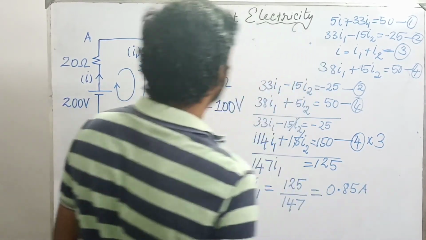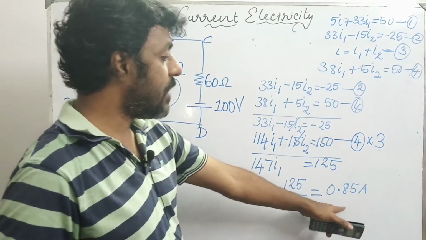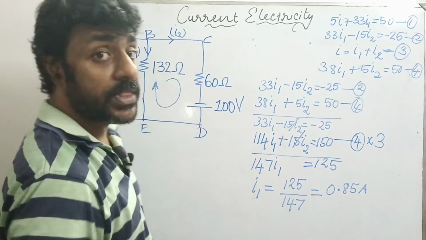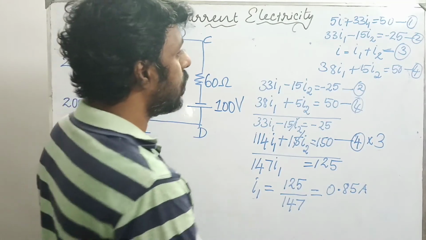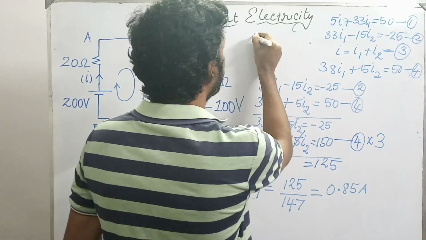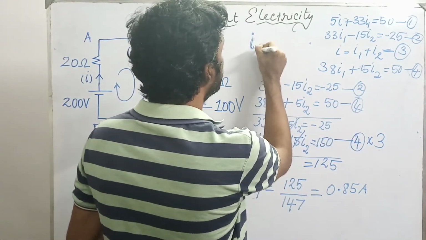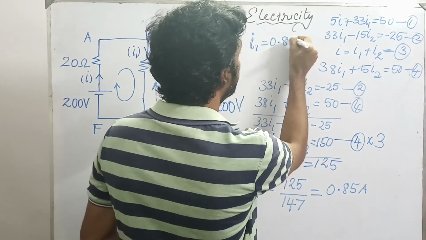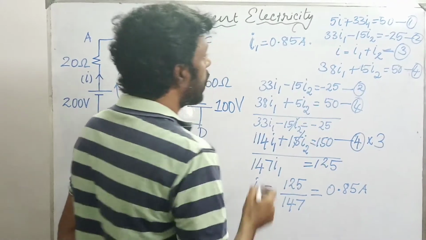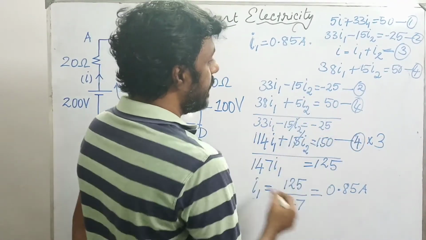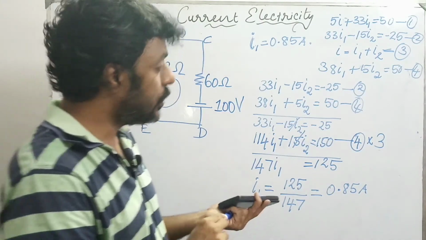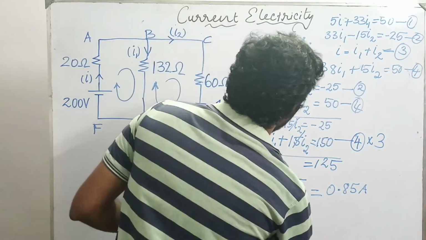That is the value of the current flowing through the 132 ohm resistor. I am going to record here that I1 is equal to 0.85 amperes.